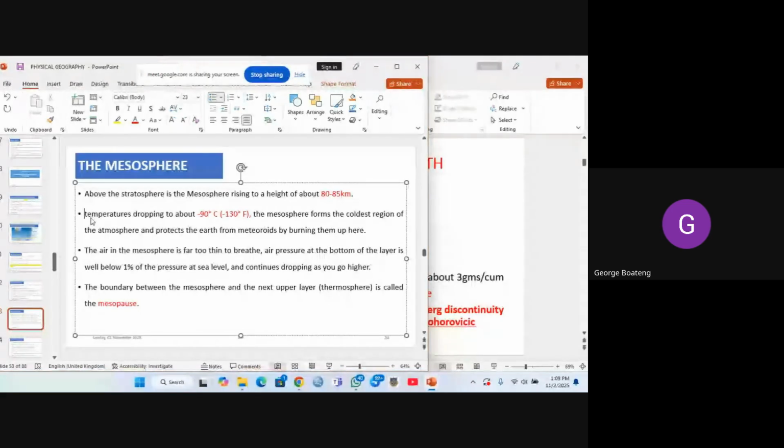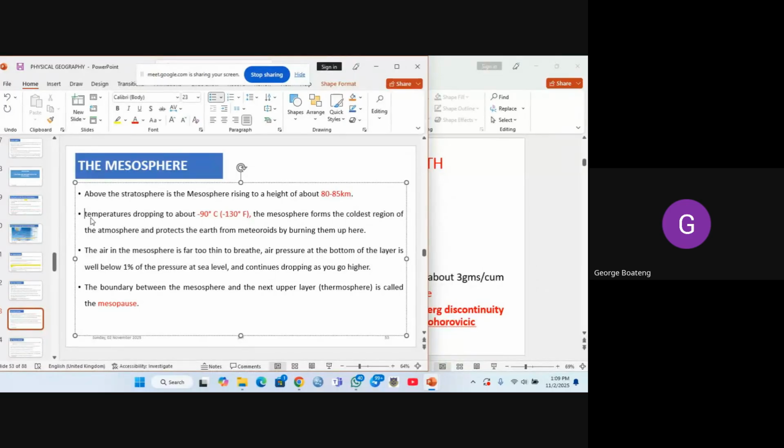And we all say the freezing point is 0 degrees Celsius. What about if you go to negative 90 degrees Celsius? What will happen to you? So here, it is the coldest part of the atmosphere.